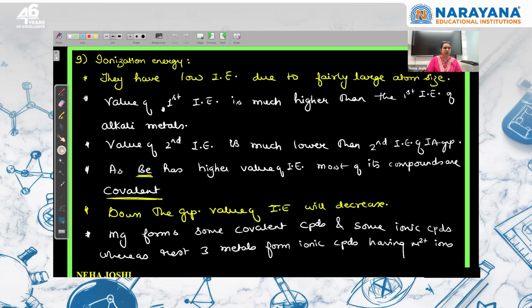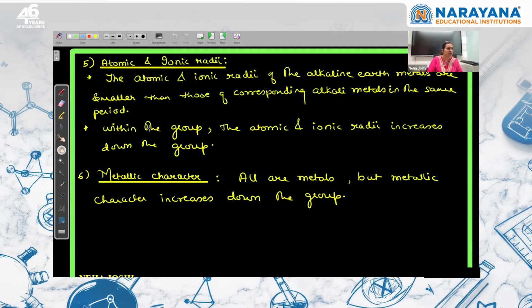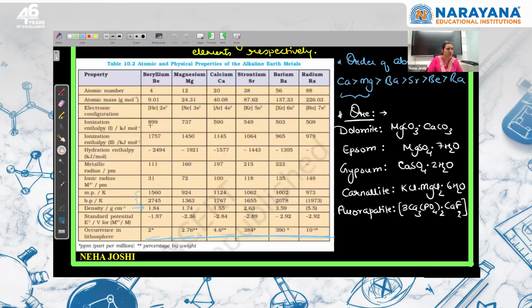Ionization energy. Just let me go back to this thing. I have done calculation that whenever you go from first to second ionization energy, of course there will be increase in ionization energy. But in first group, this increase is 4 to 5 times. In this, I have done calculation.